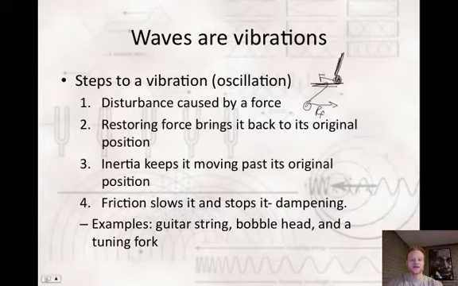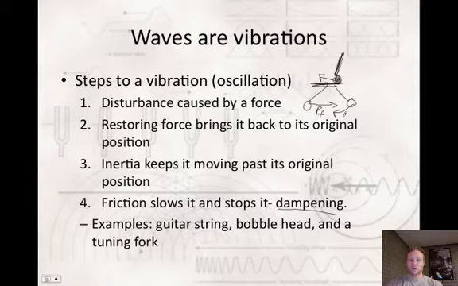The thing is, this pendulum has inertia, so it's going to move past this center point and keep going. So it's going to end up over here. Then eventually friction and air resistance slow it down, which is called dampening. It stops and then swings back the other way. This we're going to learn is something called simple harmonic motion.